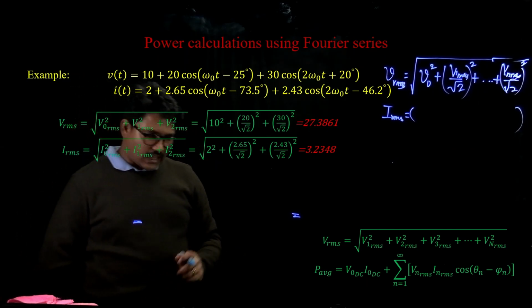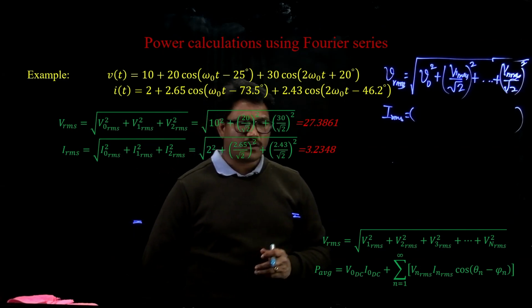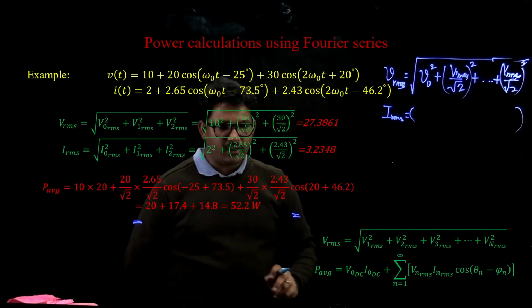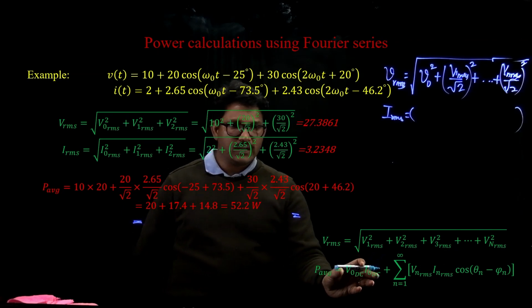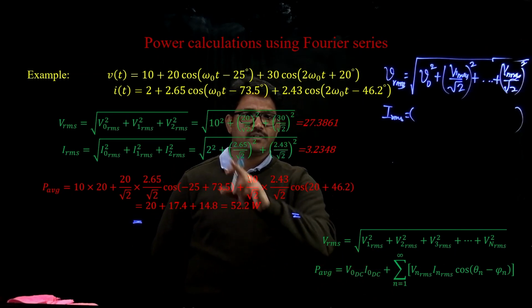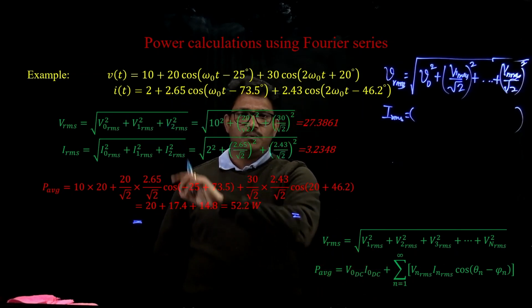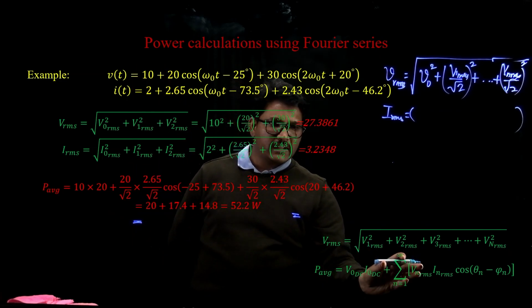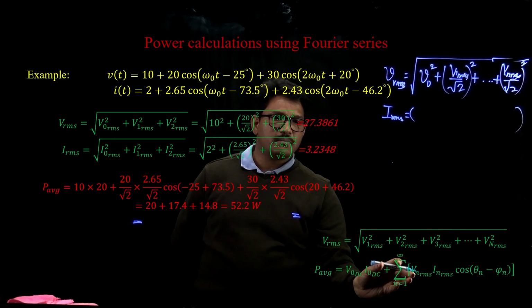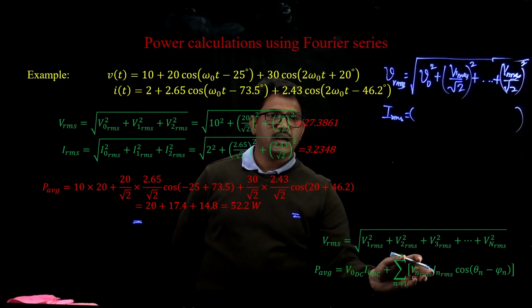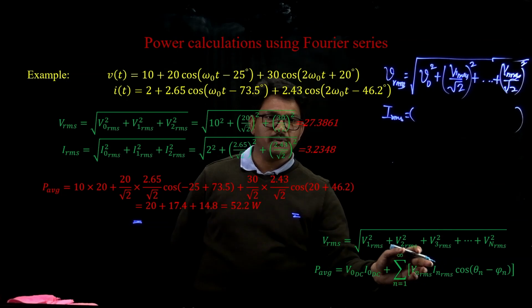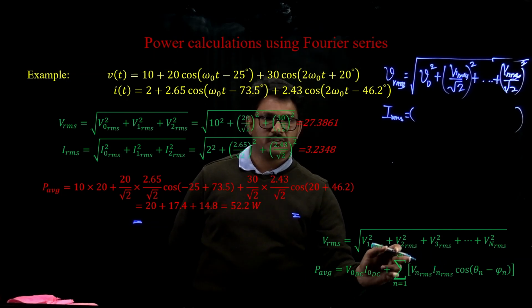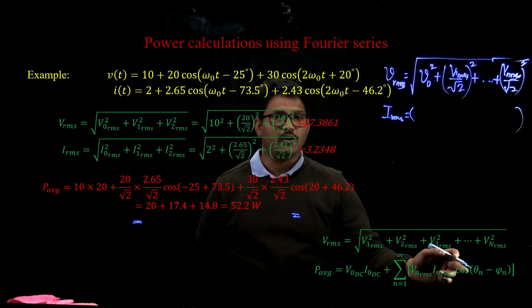Now, after getting the RMS value of the current, if you want the power, we know that the power includes V0 I0. V0 I0 is 10 multiplied by 2. After that, you multiply the RMS value of voltage 1 and current 1, V1 RMS I1 RMS, then V2 RMS I2 RMS, V3 RMS I3 RMS, each with the respective power factor.